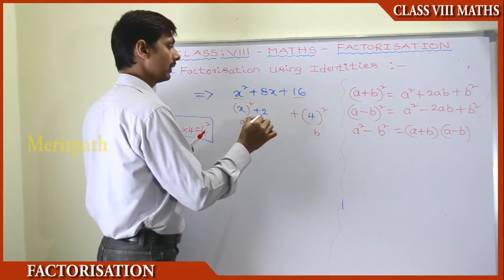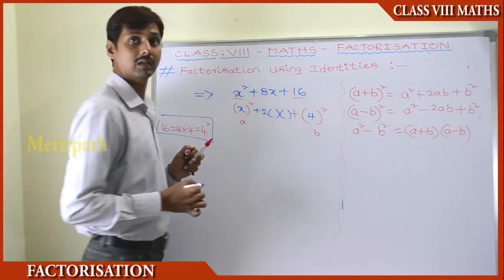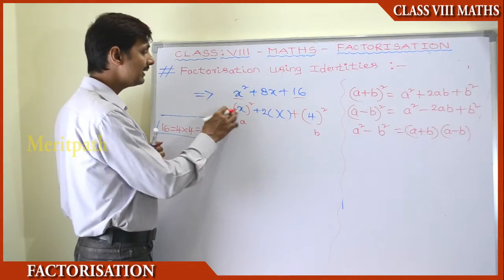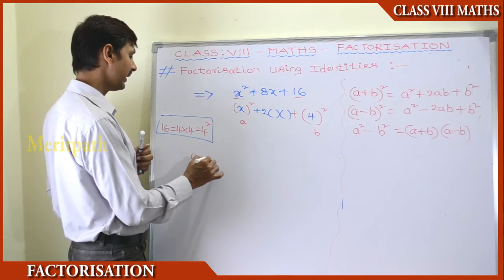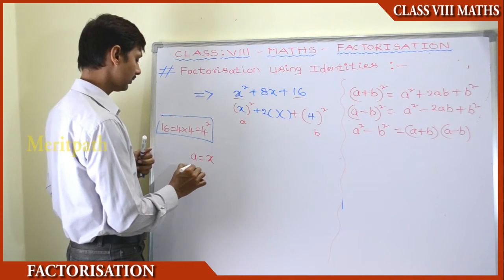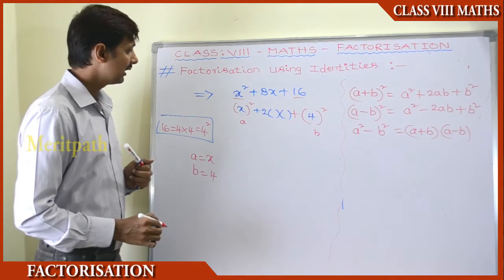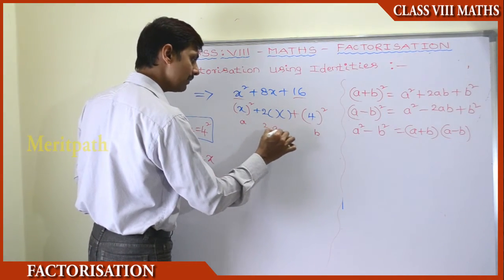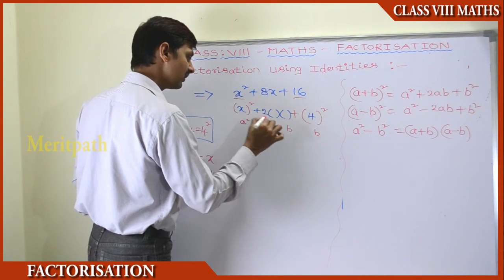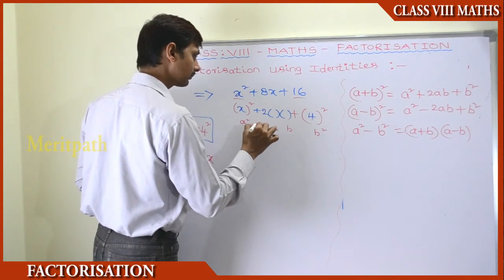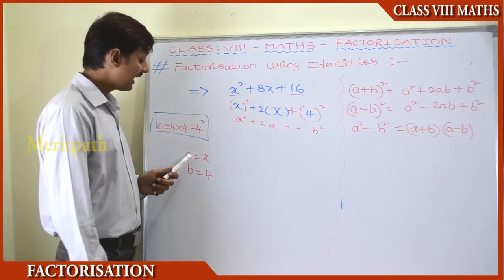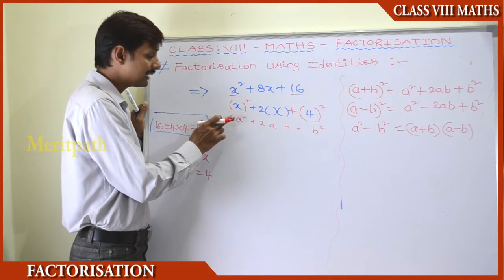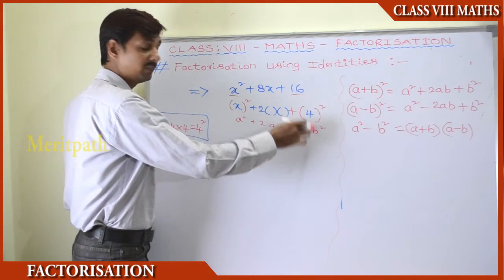2ab, a and b. Let's see what is the value of a. Here we have identified that the value of a is x. So let's write a is equal to x and b is equal to 4.